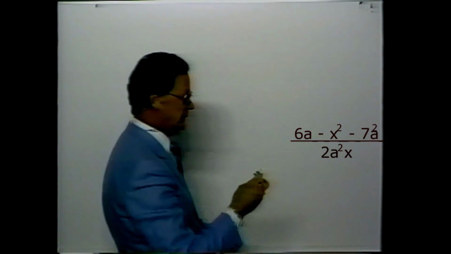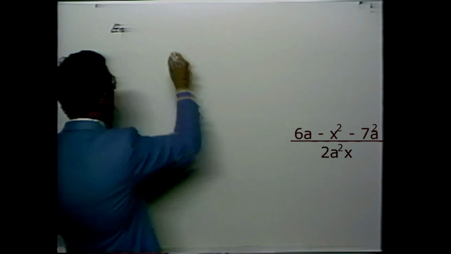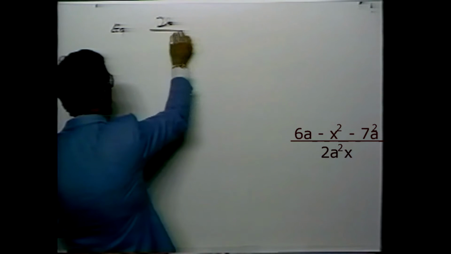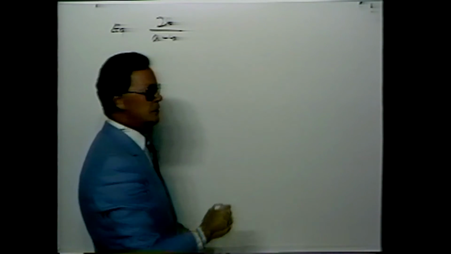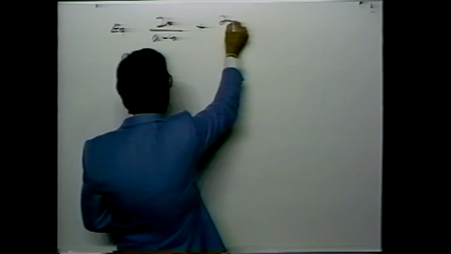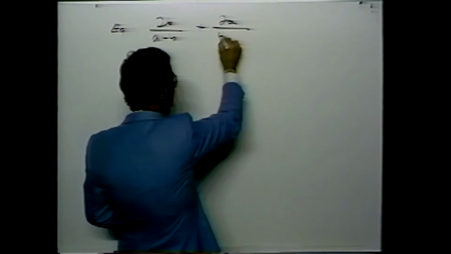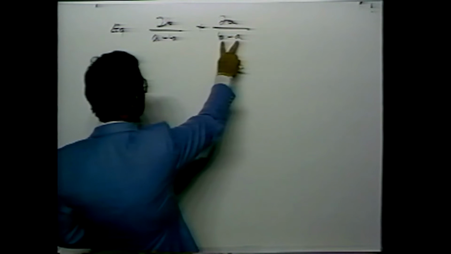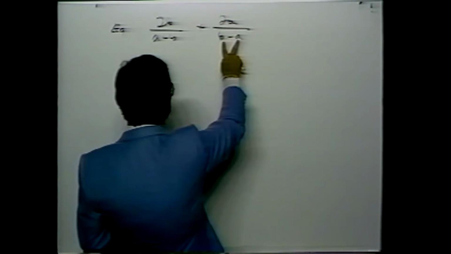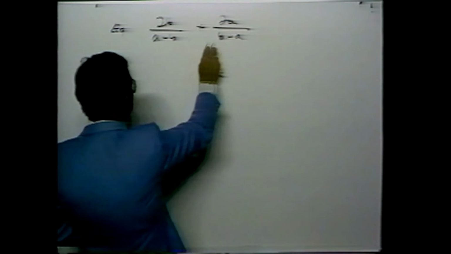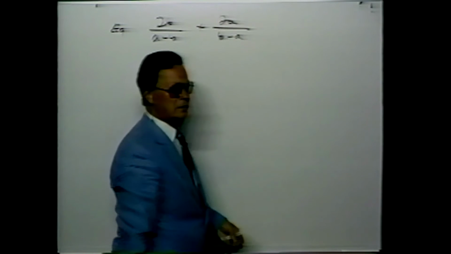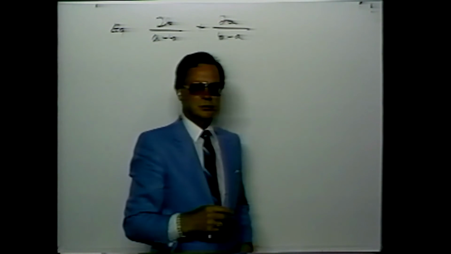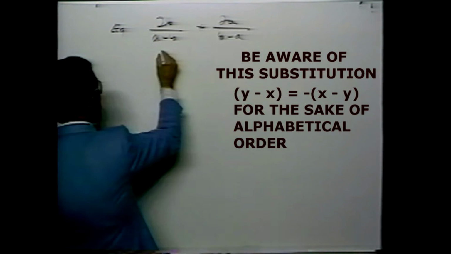In the next example, I have 2b over a minus b added to 2a over b minus a. Now recall working with binomial factors where the terms are the same except that the terms are turned around, so to speak.